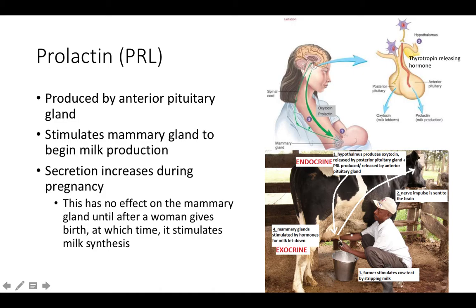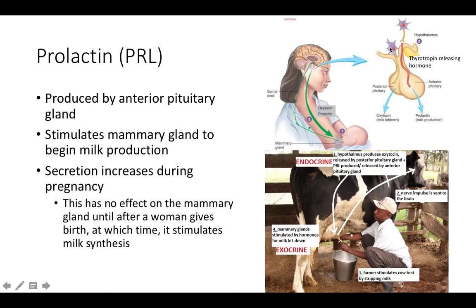Same thing down here. We'll give an animal example with a dairy cow. The farmer here is going to stimulate the cow's teats by doing something we call stripping the milk. So what that means is he's going to just take the first small portion of milk out of the ducts there, because it has a high bacterial count. When he does that and he first touches the teat, she's going to be stimulated. So that sends a nerve impulse up to her brain. Once it arrives there, the hypothalamus will, in response, produce oxytocin.